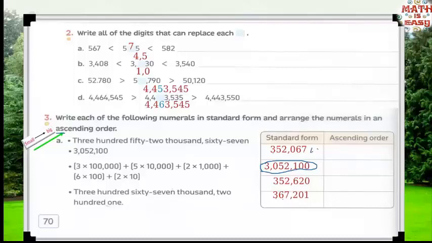Compare between the first and third number. Here we have 2, 2, and here we have 0 in the hundreds. In the hundreds, here we have 6. That means this number is the first number. And here, second number. Third one, 367,000. And the last one, the number in millions, 3 million.